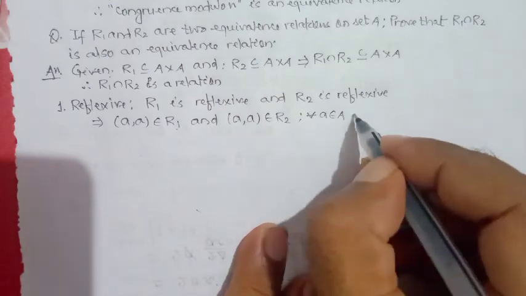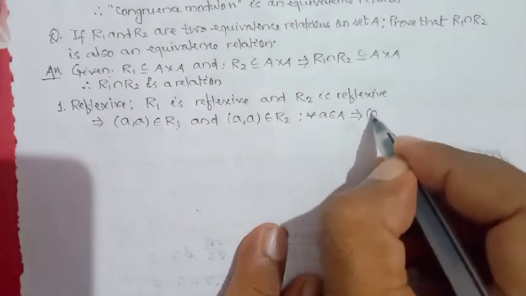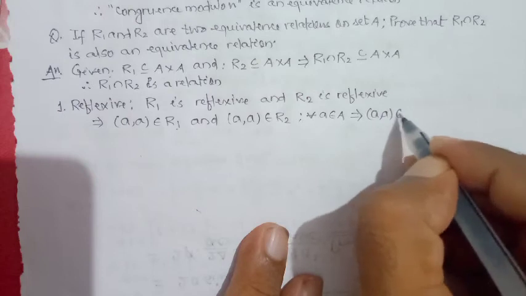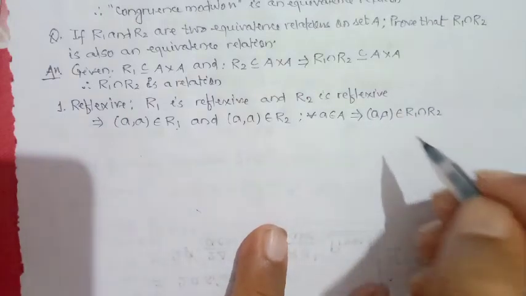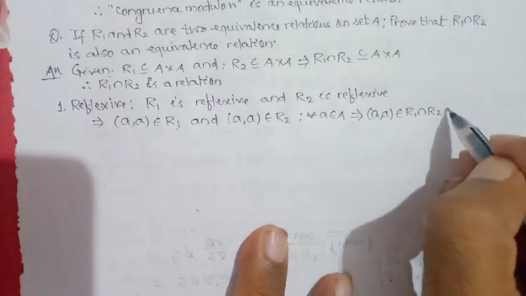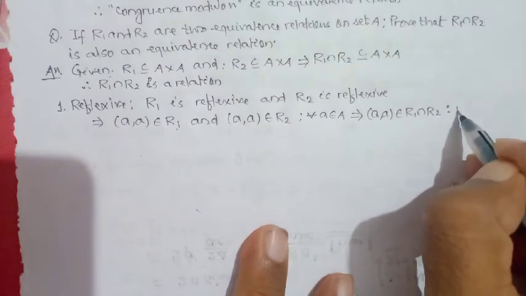So (a, a) belongs to R1 intersection R2, so it is reflexive.